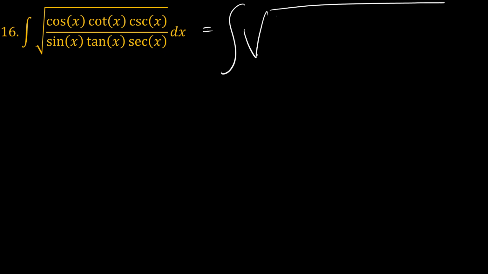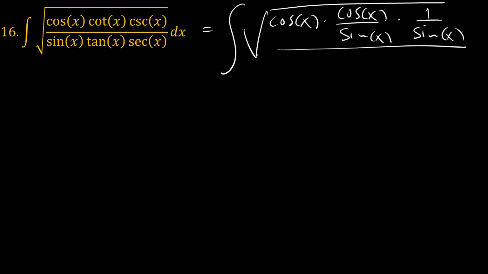So cosine of x in the numerator is the same as cosine of x. Cotangent of x is the same as cosine of x over sine of x. And cosecant of x is the same as 1 over sine of x. Now, sine of x is the same as sine of x. Tangent of x is the same as sine of x over cosine of x.